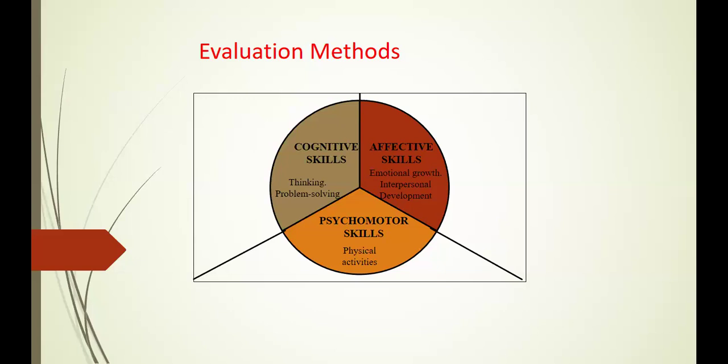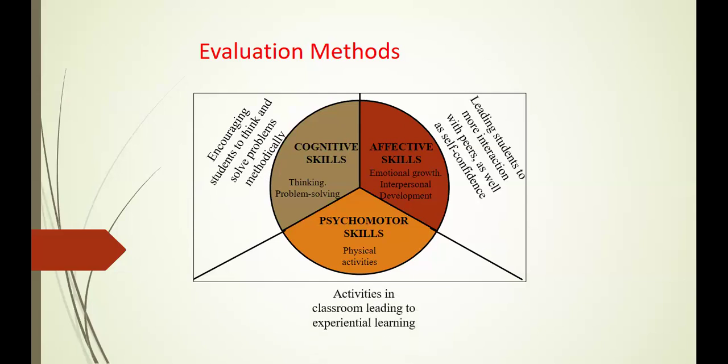In the question, we see the content words as evaluation and 3 domains. So first of all, I would like to explain evaluation. Evaluation means to analyze and interpret the collected data. Collected data means, from the classroom, we do tests, assessments, sometimes measurements.